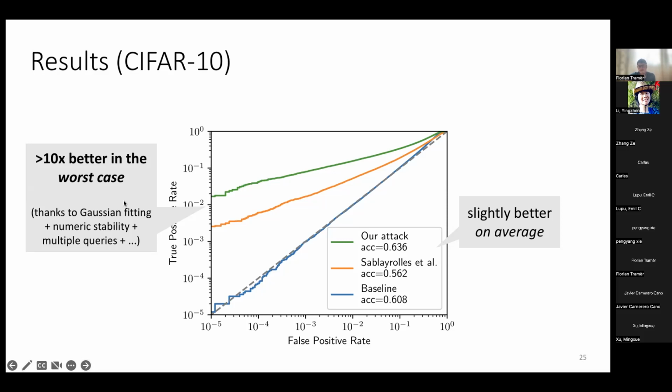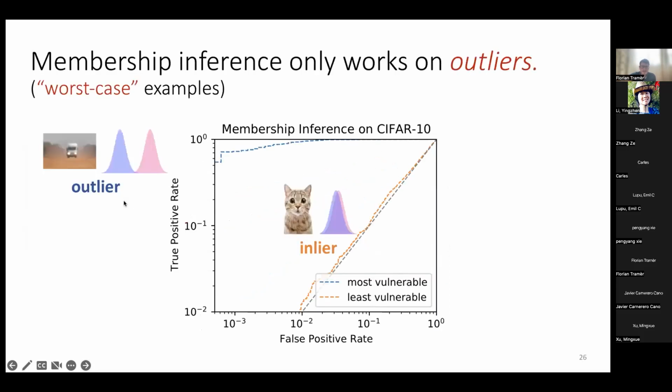It turns out that if you look a bit more closely at when this attack works and when it doesn't, you find that the attack works extremely well for data points that are outliers, and it works extremely poorly for data points that are not outliers. And this shouldn't really come as a surprise, right?